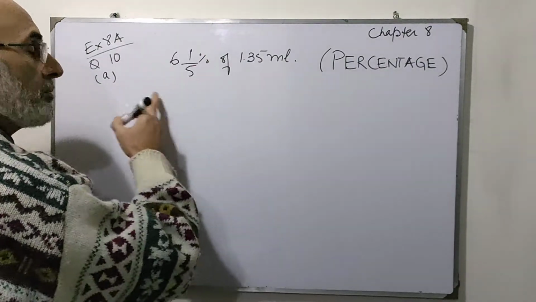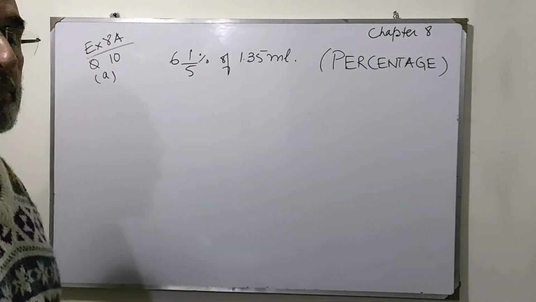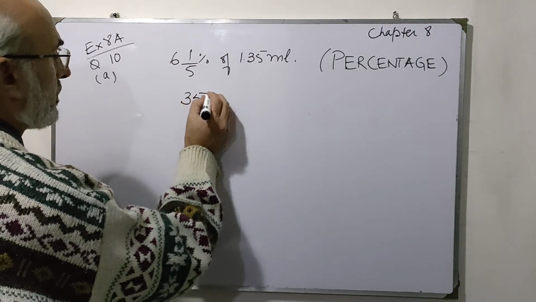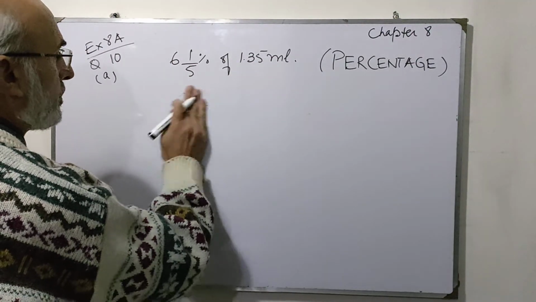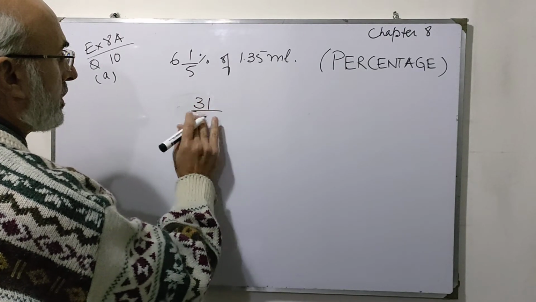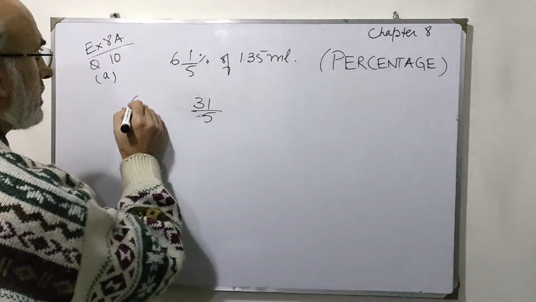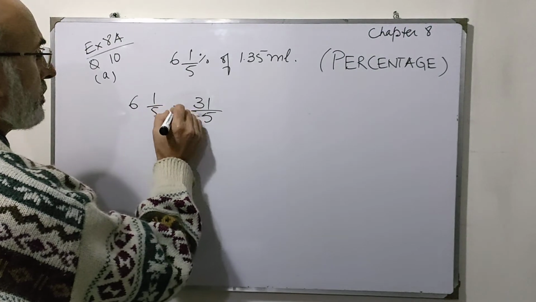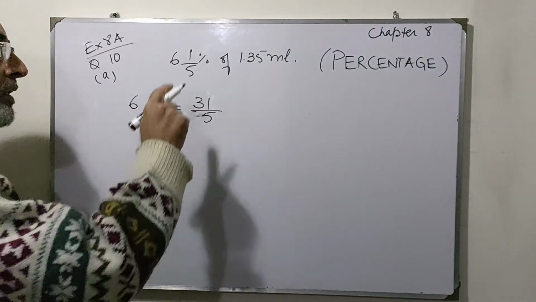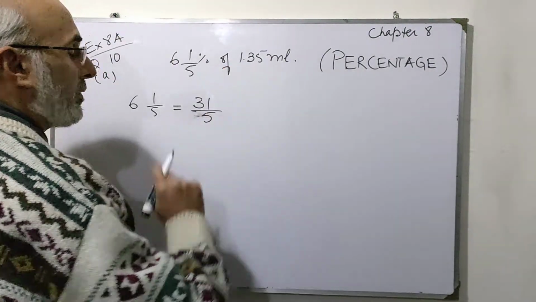So first, make a simple fraction from this mixed fraction. So it is 31 over 5. Sorry, 31 over 5. So this 6 whole 1/5 is equal to this. Okay. Now we can use this to compare with this.